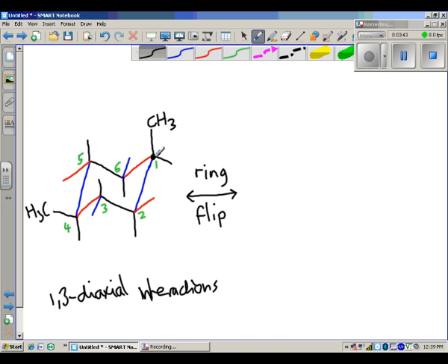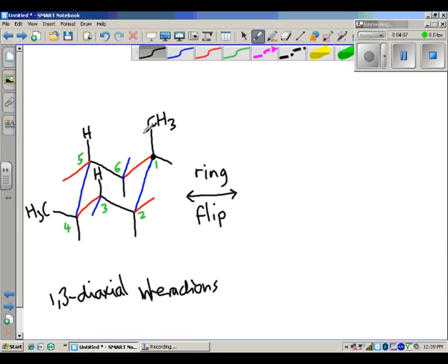And each of those is in a 1,3 relationship with this methyl group. On each of these carbons is a hydrogen. Okay, so what this means is, on each of these carbons, there's a hydrogen that's straight up, axial, just as there is on the methyl group.